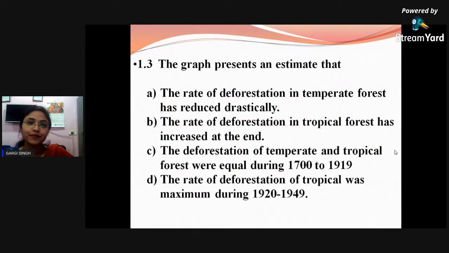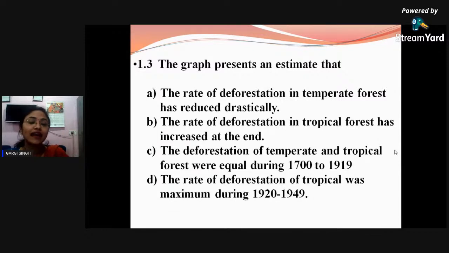Question number 3 says, the graph presents an estimate that: A, the rate of deforestation in temperate forest has reduced drastically; B, the rate of deforestation in tropical forest has increased at the end; C, the deforestation of temperate and tropical forest were equal during 1700 to 1919; and D, the rate of deforestation of tropical forest was maximum during 1920 to 1949.